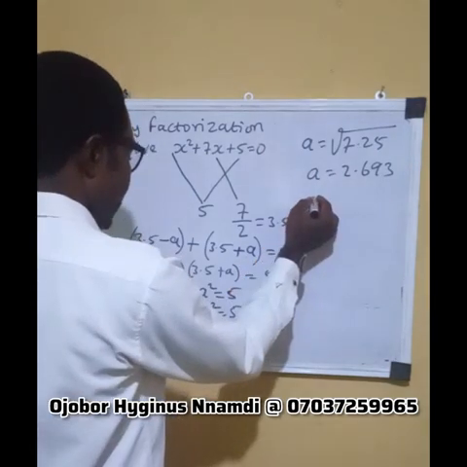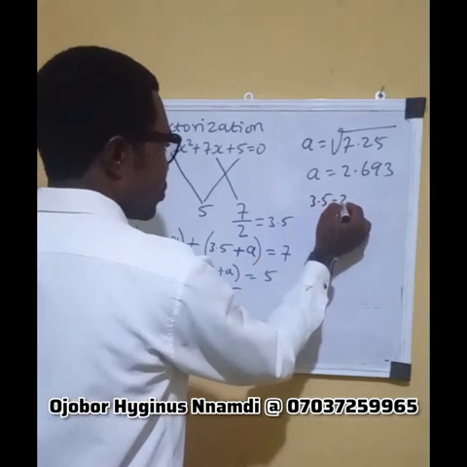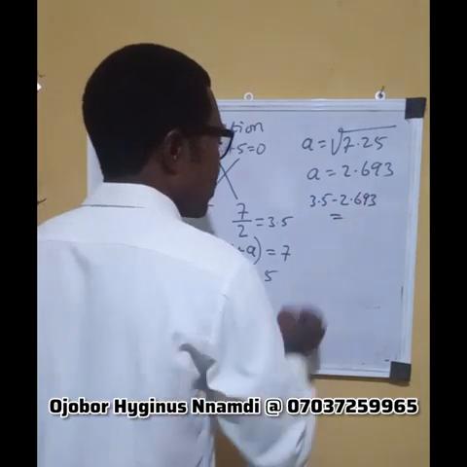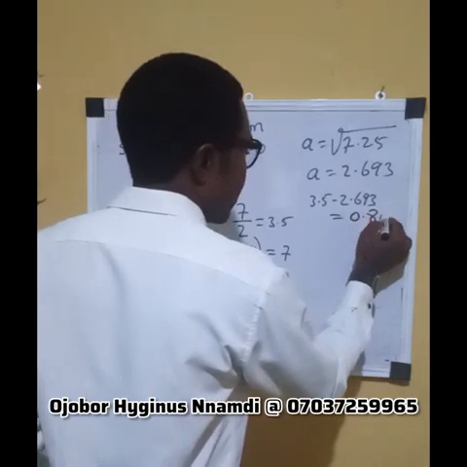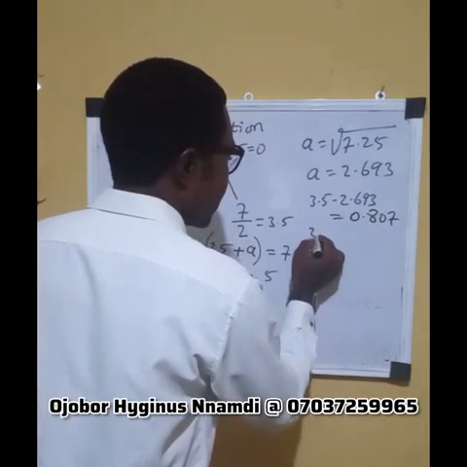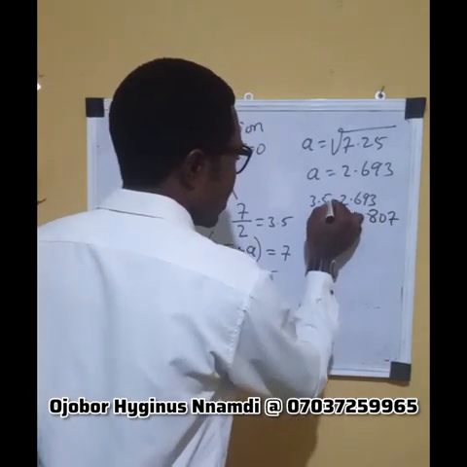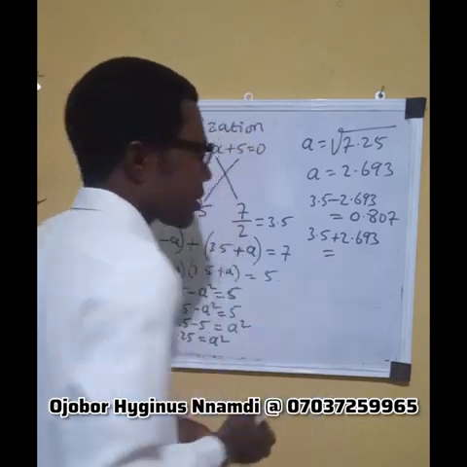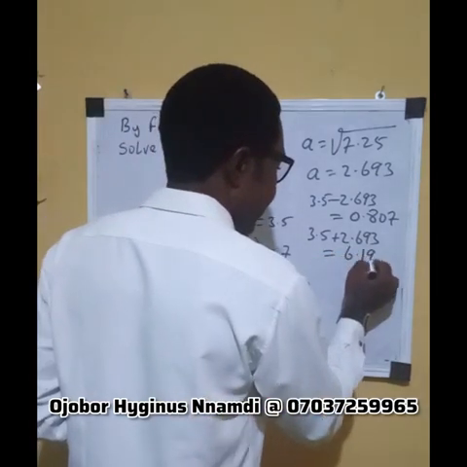So if a is equal to 2.693, the two factors are this and this. The first factor, which is 3.5 minus 2.693, will be equal to 0.807, while the second one, which is 3.5 plus 2.693, will give us 6.193.